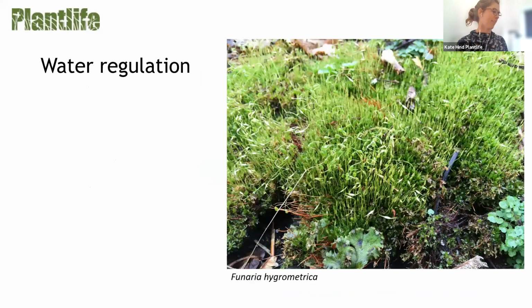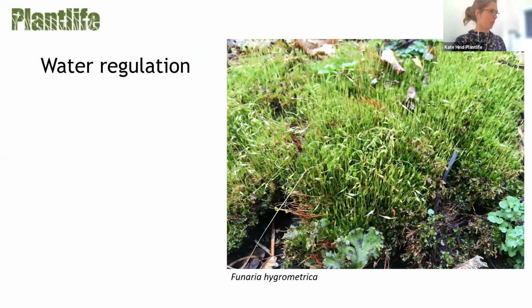And then something else I found out recently was this fantastic moss that I've got a picture of here. This is called Funaria, or bonfire moss. I was at a site and we saw this moss on one of the courses that we were doing and discovered it's Funaria, or bonfire moss. And this is where on the site they do all of the bonfires that they have when they're managing the woodland.